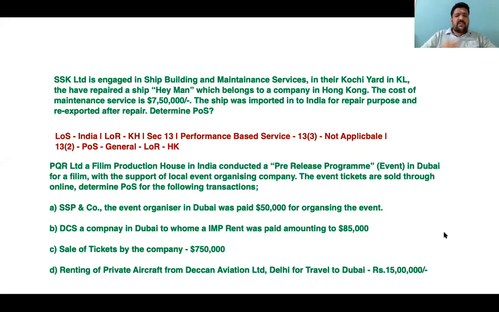Now, only for these four transactions, first, I want all of you to determine place of supply. If you have done that, then I will ask you the next question, which will be the nature of supply. First is place of supply, then nature of supply. Maybe you can split your answers as A, B, C, D. So for A, this is my place of supply, followed by B, this is my place of supply, and followed by C. In that way you can answer it.